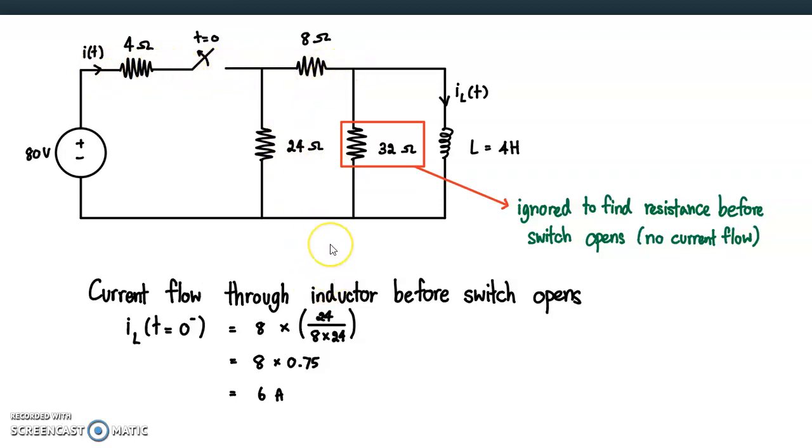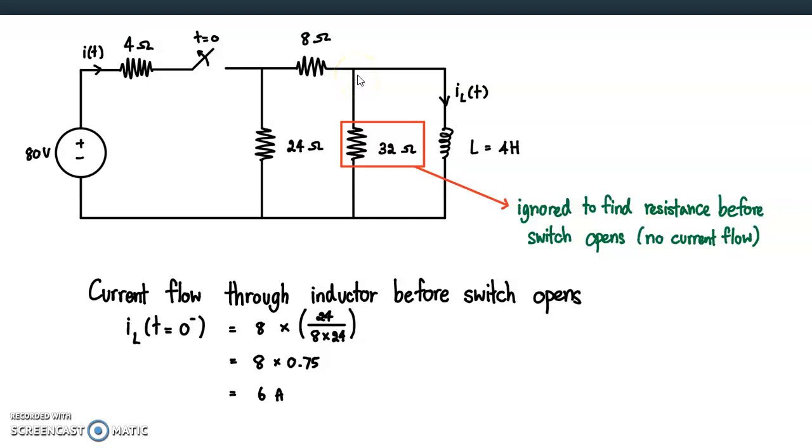Over here we can say that R2 in this case is 24, and R1 plus R2 is 8 plus 24. We obtain 0.75. Now multiply with our current flow coming out of the 80 volt voltage source, which is 8. We then obtain 6 amp. So we know that the current flow through here is 6 amp.